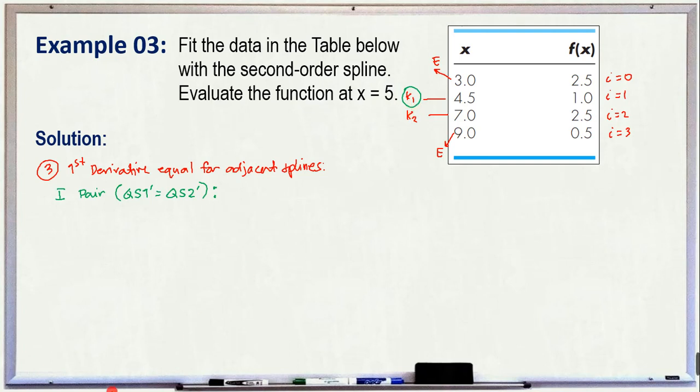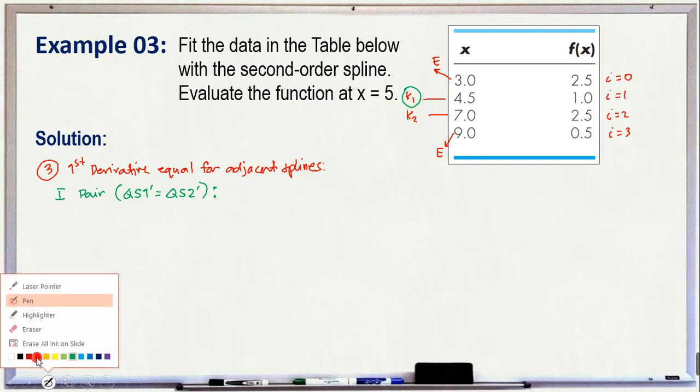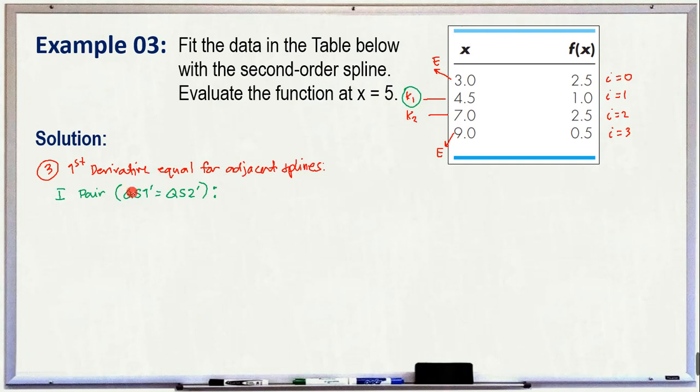So what is the derivative of quadratic spline number 1? We have 2 a sub 1 x plus b sub 1. I have not yet evaluated it at their common knot or data point.